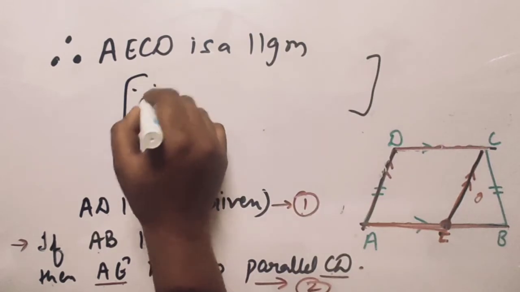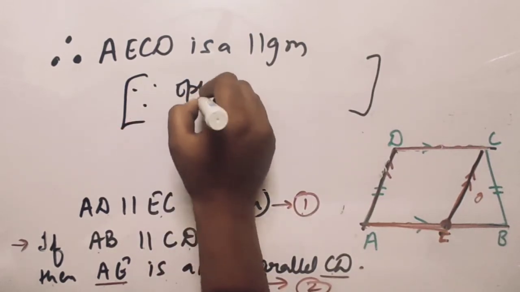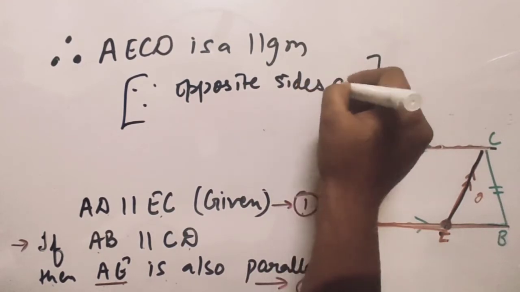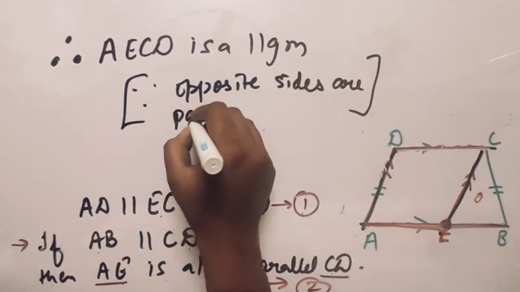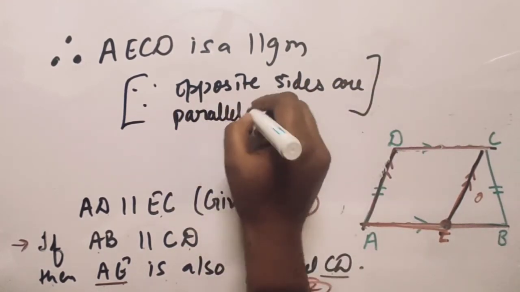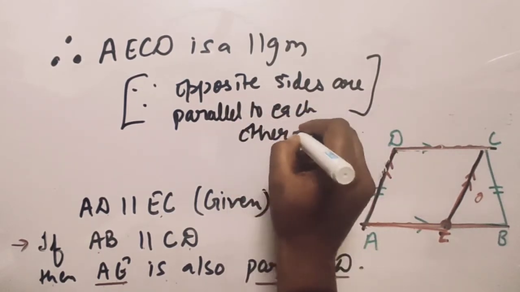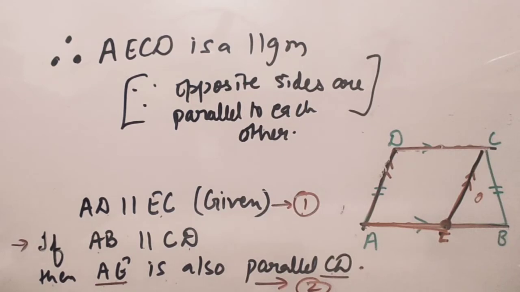Reason, in bracket we can write, because opposite sides are parallel to each other. Right, children? So this is the reason by which we can say that opposite sides are parallel to each other, so the given figure is a parallelogram. Right? Now let's move to the next part of the question.